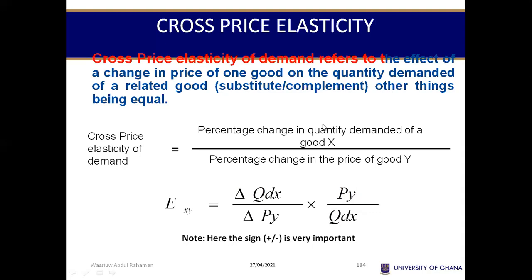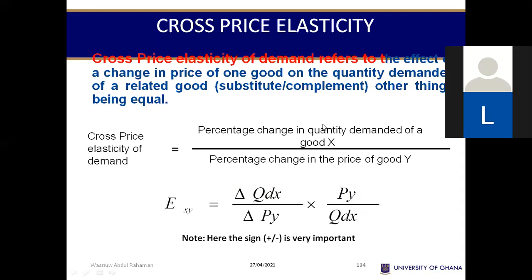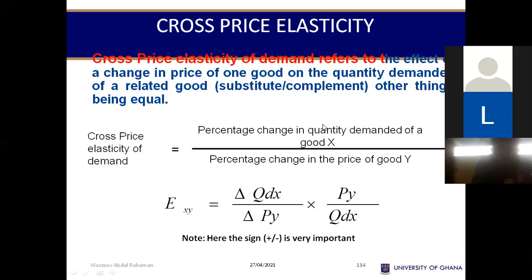For the perfectly elastic, the own price elasticity of demand is equal to infinity, suggesting that the slightest change in price will lead to a huge change in quantity demanded.